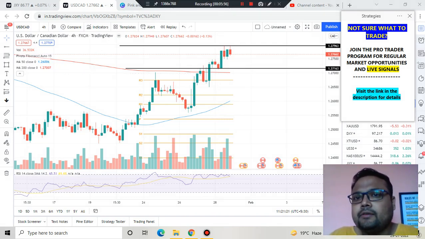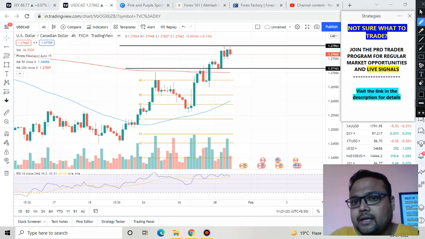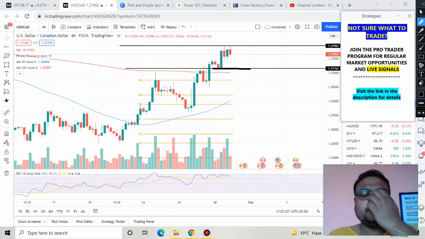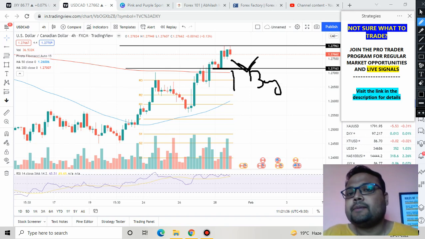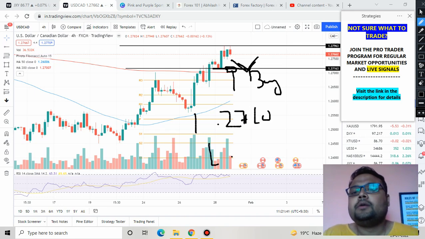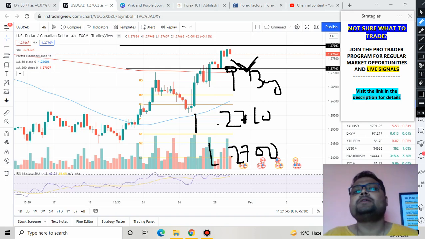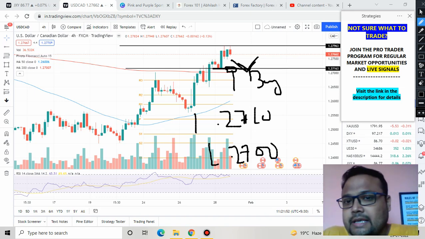Similarly, if the market fails to go up and starts coming down, then observe the market at this level, because the market will be coming down for a retracement. If the market bounces and takes support at the level of 1.2710 to 1.2700, you can go for a buy here as well, because this will be a retracement level for you. So these two are the safe trading opportunities that I see on the chart of USD CAD right now.